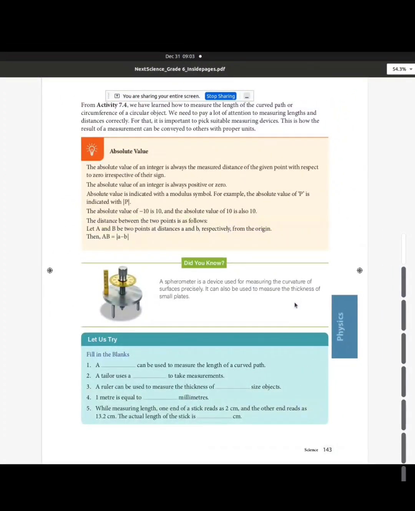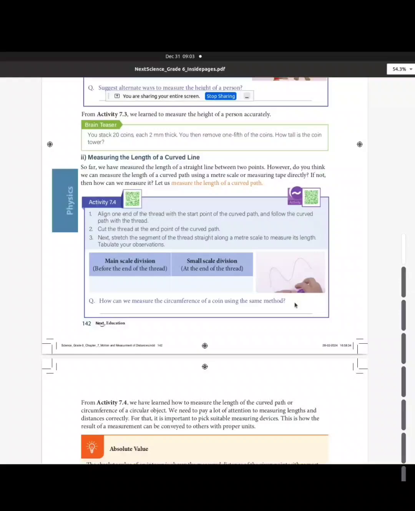Once the teacher completes a particular concept, it is very important for the teacher to know to what extent the students have understood that concept. Only then could she move forward, or else she needs to explain that concept again in a better way, so that students will be able to solve these kinds of simple questions. As you could see here, this concept is called measuring the length of a curved line.